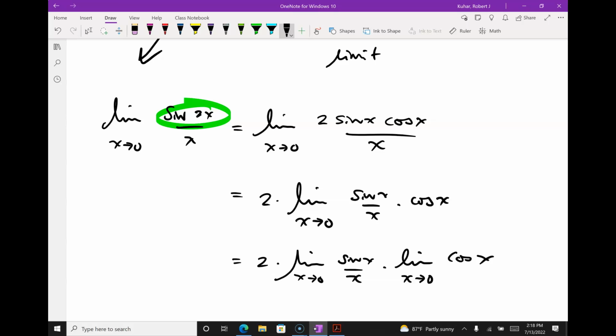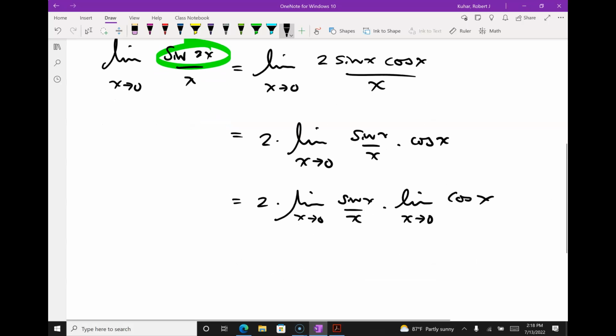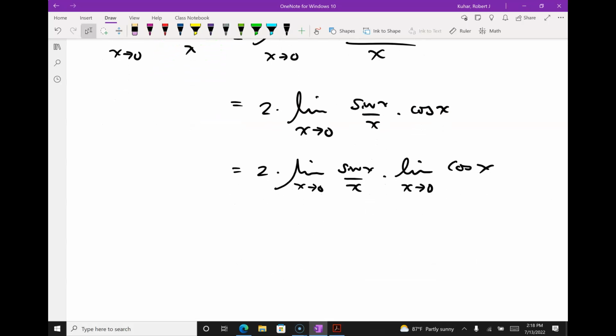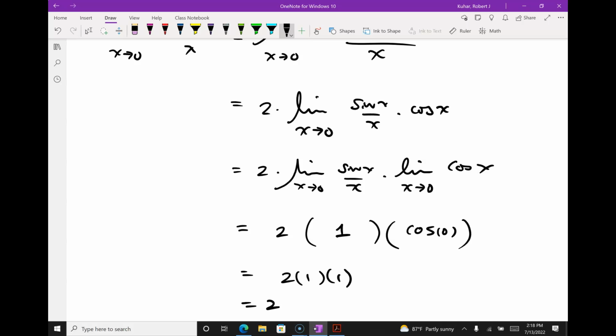I'll get a 0, right? But if I pick the piece of sine x over x, what limit do I get for that piece? 1, because that's the piece we have memorized. And what do I get for cos x? I get cos of 0, right? Cos of 0 is 1. So I get a limit of 2.